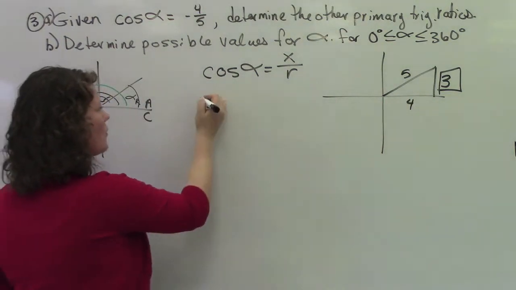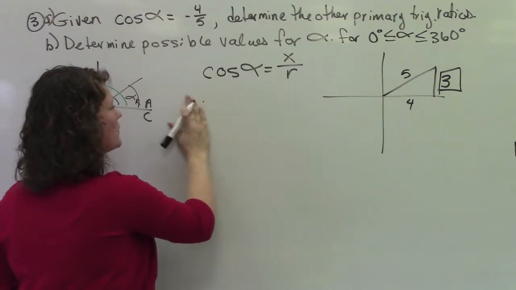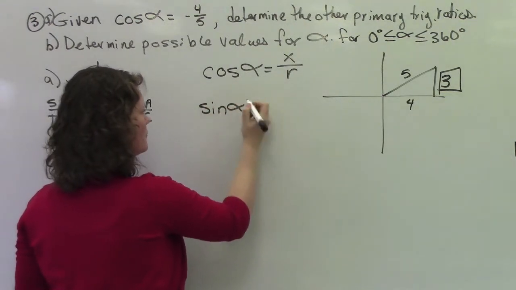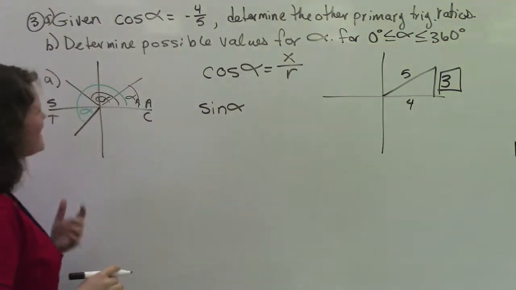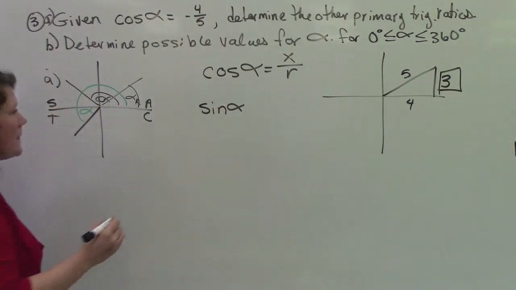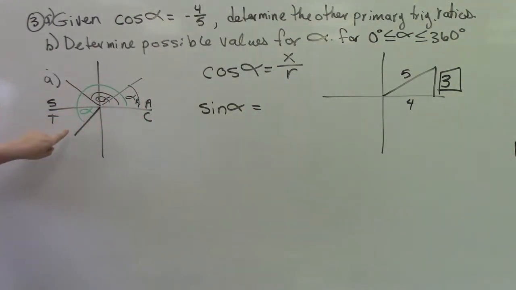So what about sine? If cos alpha is negative, then we know it has to be in either quadrant 2 or quadrant 3. So what's sine in quadrant 2 and quadrant 3? Sine is positive in quadrant 2, but in quadrant 3 it's negative.